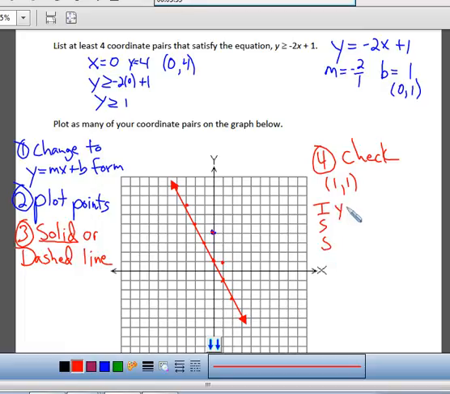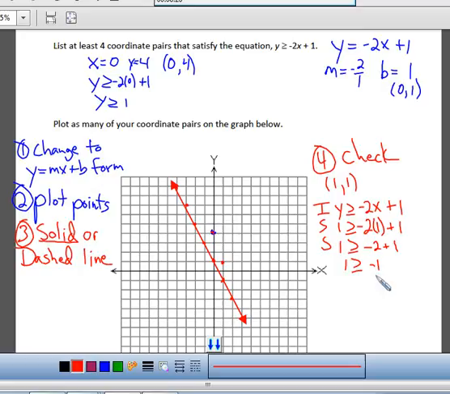So y is greater than or equal to negative 2x plus 1. I'll substitute 1 in for y and 1 in for x. I get 1 is greater than or equal to negative 2 plus 1. 1 is greater than or equal to negative 1. That is true. So now I have 2 points on this side of the line that work.